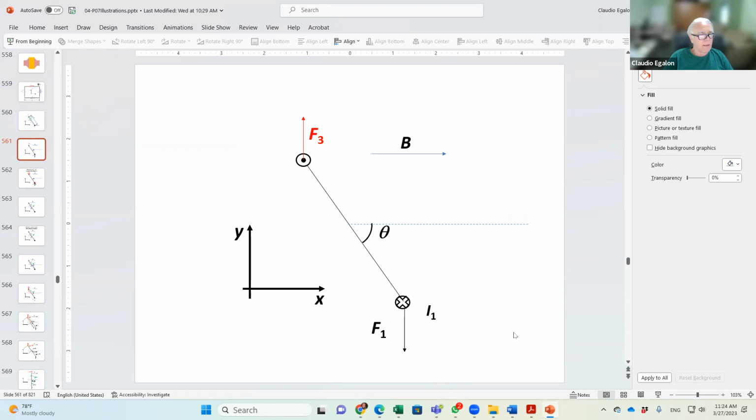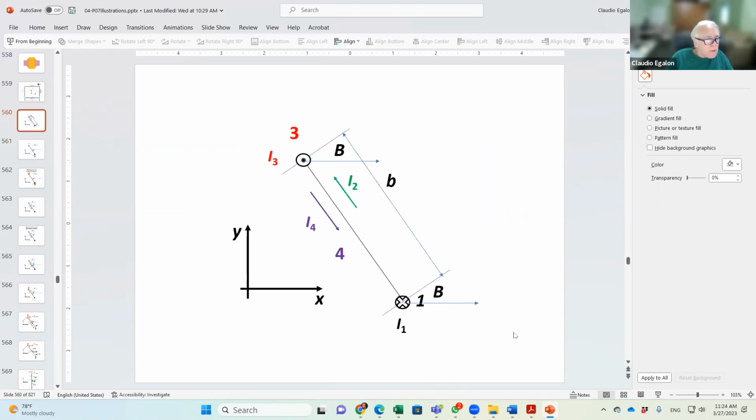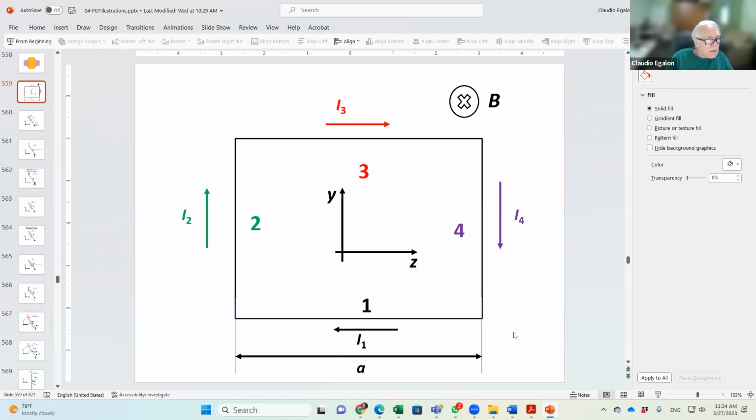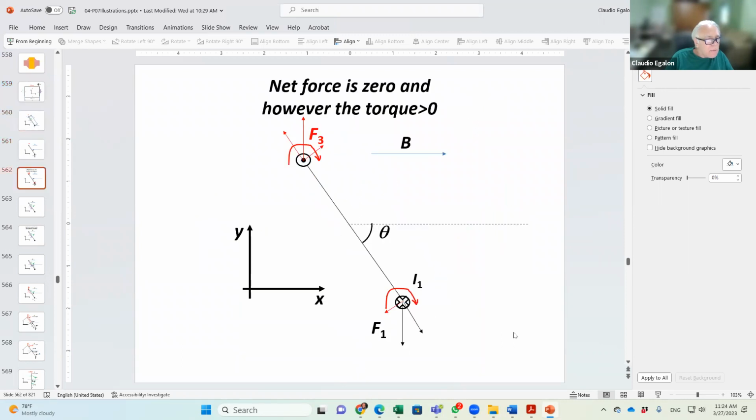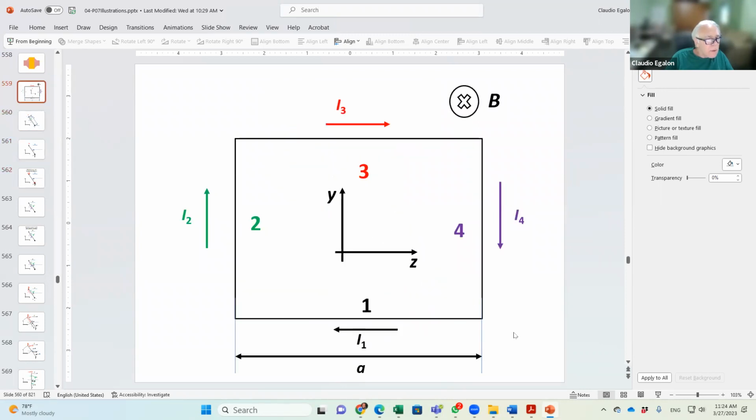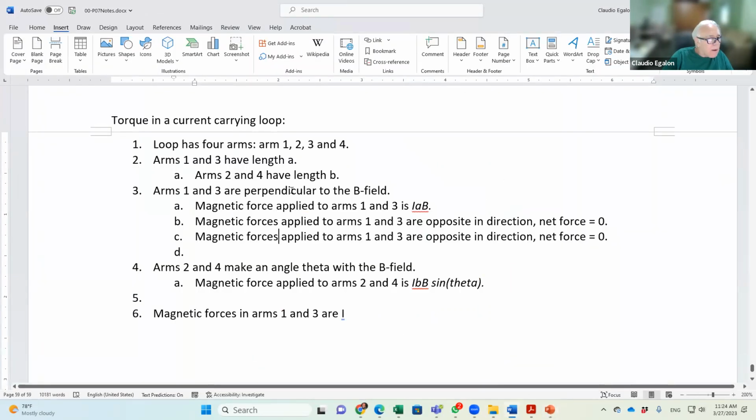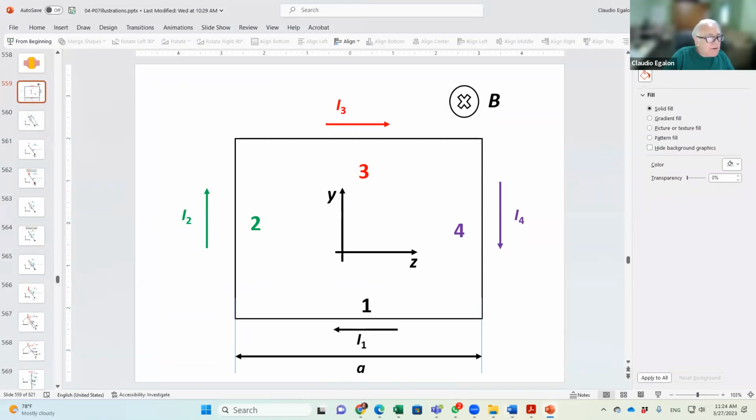Hey, wait a minute. There is a mistake here. Arms 1 and 3, length B? Oh man, I'm mixing up everything here.